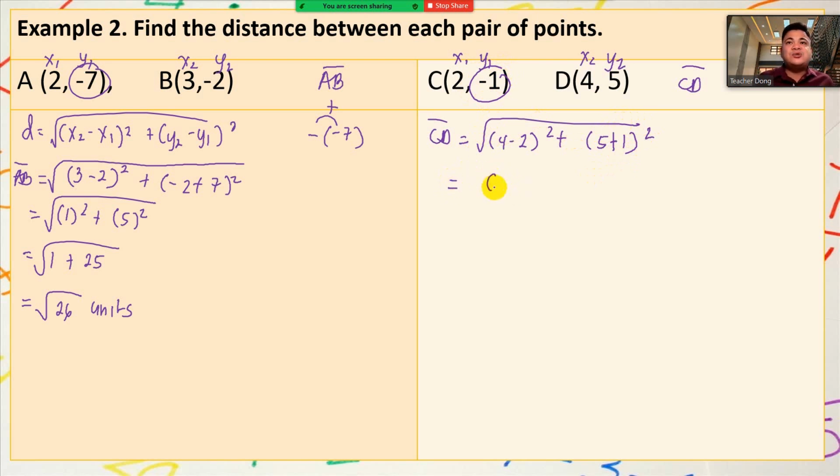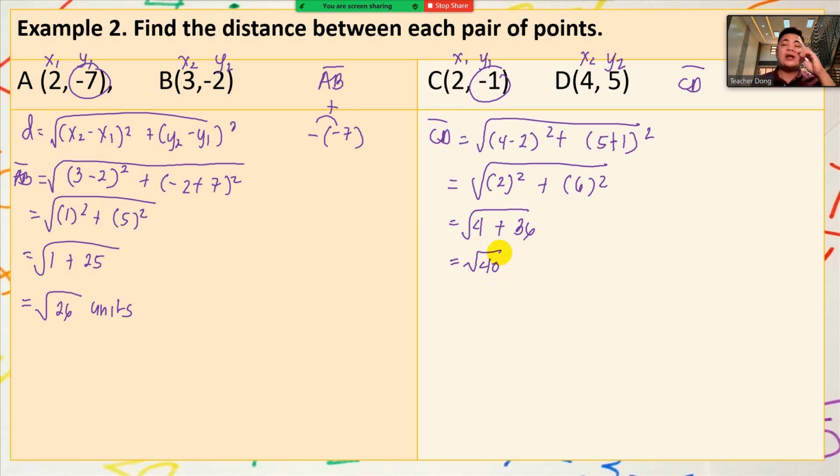Then 4 minus 2 is 2 square, plus 5 plus 1 is 6 square. Then 2 square is 4 plus 36. So 4 plus 36 is the square root of 40. Now, as you can see, 40 can be factored, since 40 is not a perfect square. That's why we can extract the square root of this.